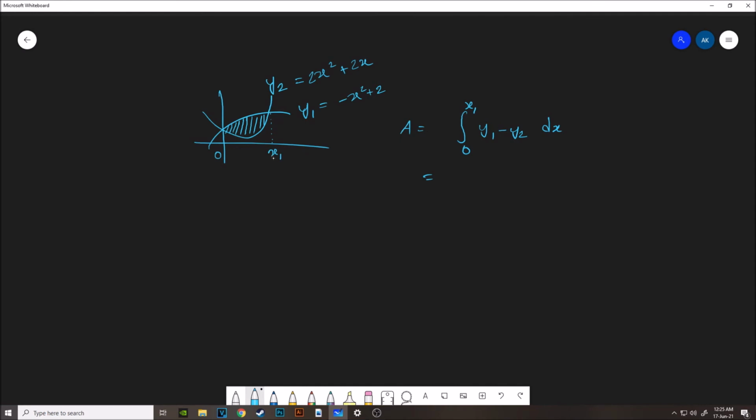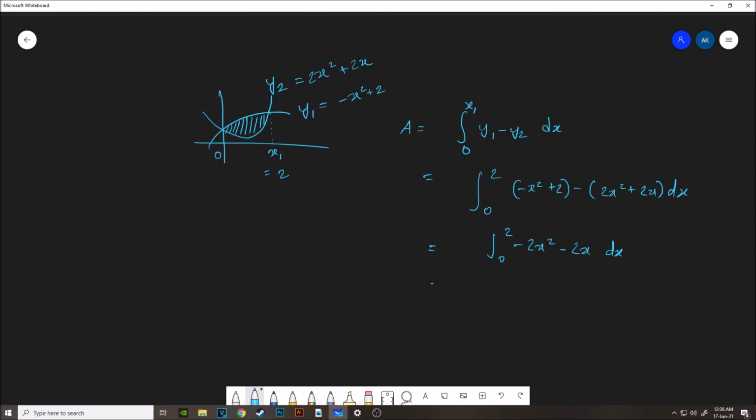Maybe they intersect at 2, so my limits would be 0 and 2. My y1 is minus x square plus 2, and my y2 is 2x square plus 2x. After simplifying, I get minus 2x square minus 2x, and this expression you have to integrate to find the area.